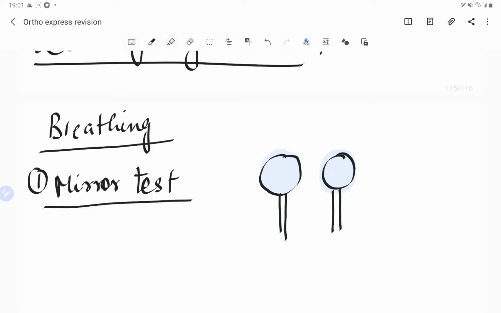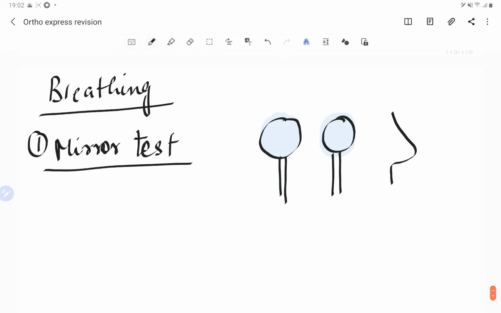When do we use this mirror test for mouth breathing or nasal breathing? A double-sided mirror is placed between the nose and the mouth. So this is the double-sided mirror, right? Both sides have a mirror.